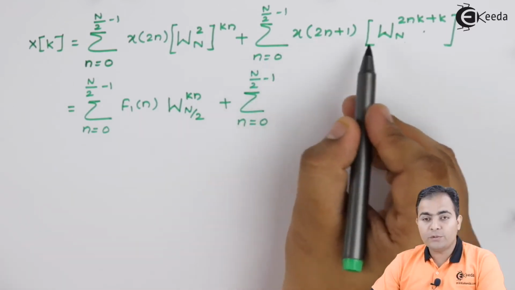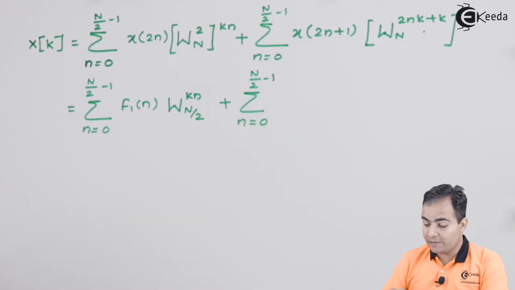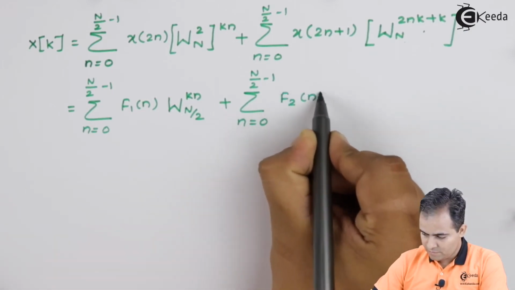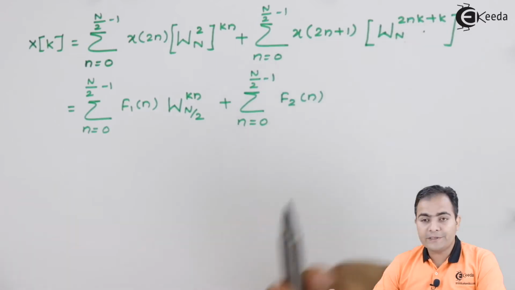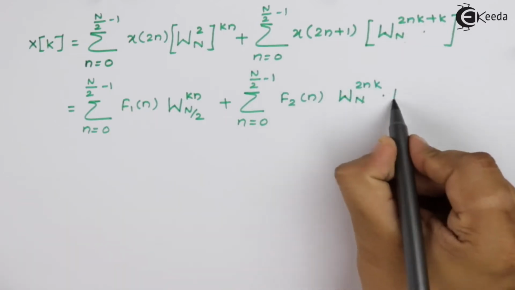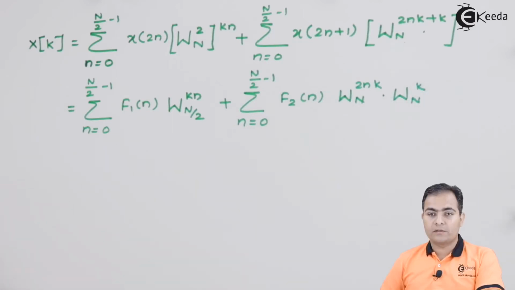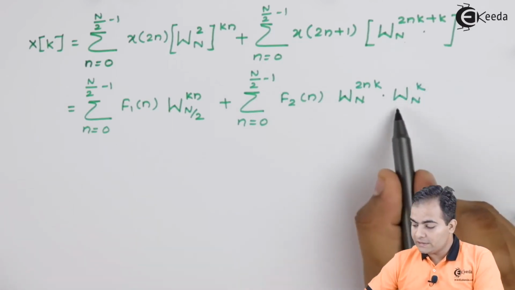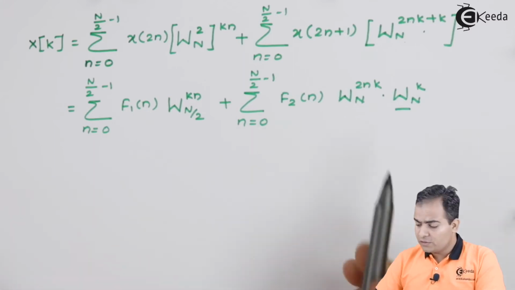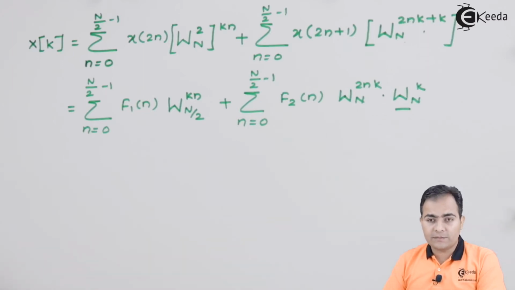Now this x of 2n plus 1 is represented by f2 of n. I'm going to split these powers. Now basically this last term is independent of this summation value, or you can say it is a constant term. So we can write this constant term outside the summation.